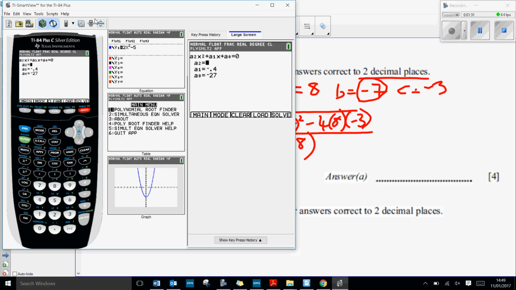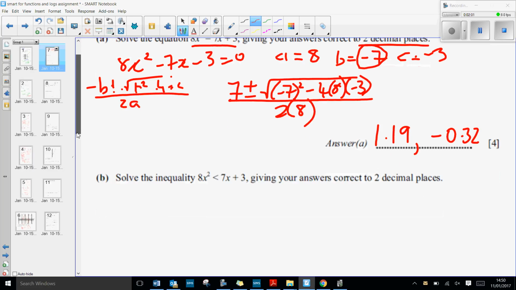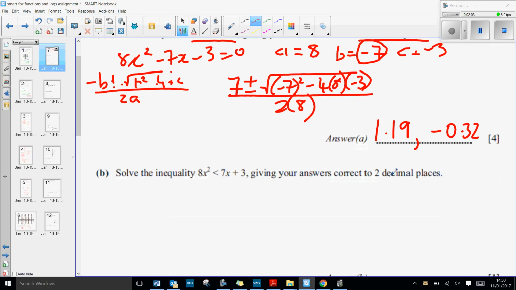So we've got 8, -7, and -3, and we solve that and we get our two solutions, 1.19 and -0.32. So 1.19 and -0.32.